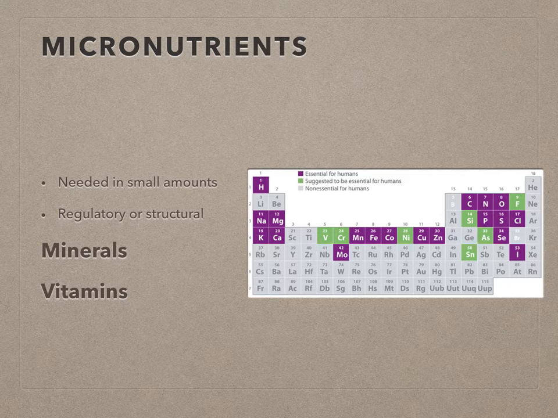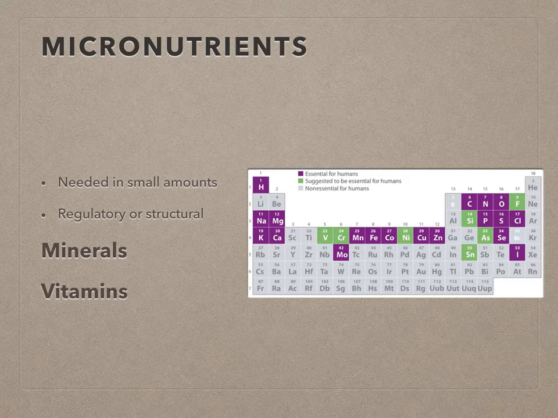You don't need to know them or this chart, but examples of essential minerals are things like calcium, magnesium, potassium, iron, cobalt, zinc. There's lots of these, and we use them to do regulatory things. Some are structural, like for building our bones. So there's many of them.